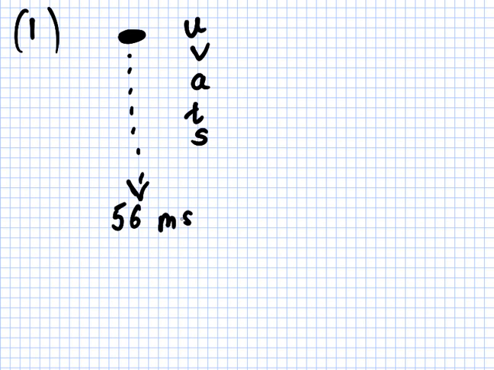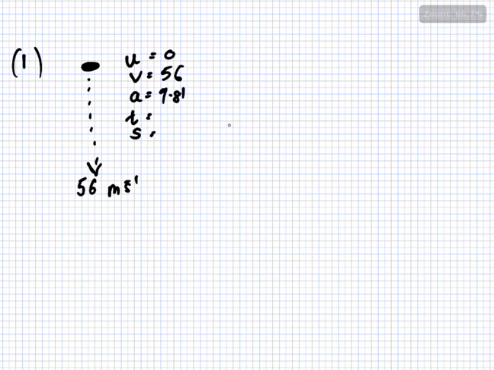Now, what you have here, he jumps from a plane, so this is him here, and you have U, V, A, T, S, and then he reaches a speed of 56 meters per second, and he starts at rest, he finished at 56, we'll say A is 9.81, T and S we don't know.